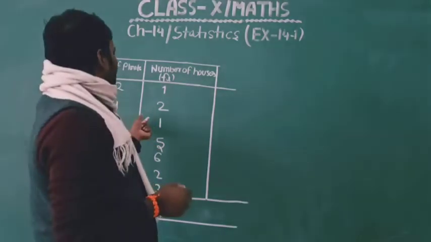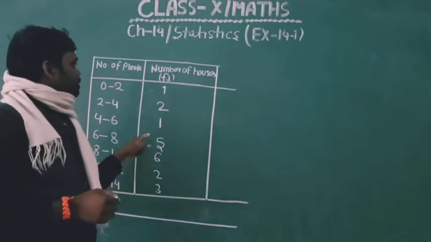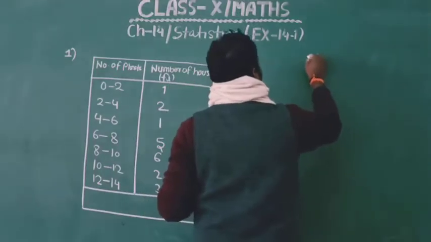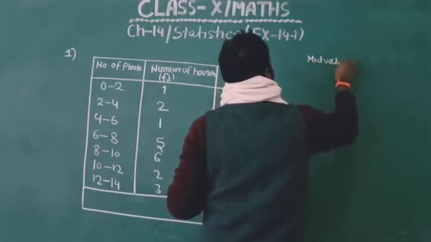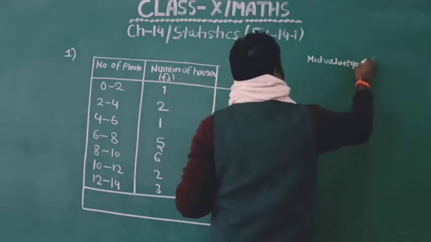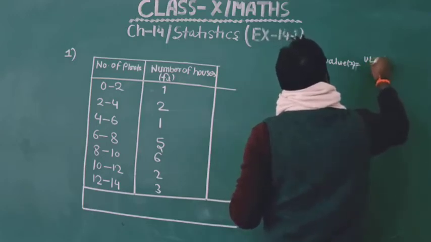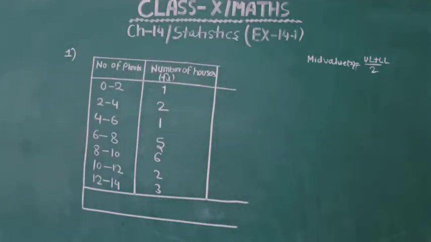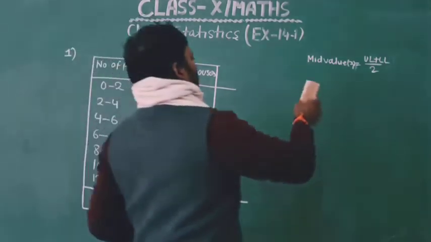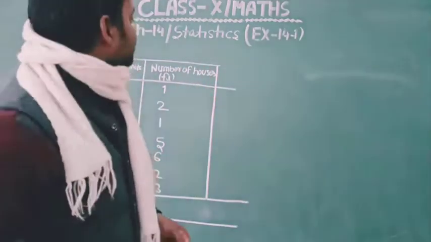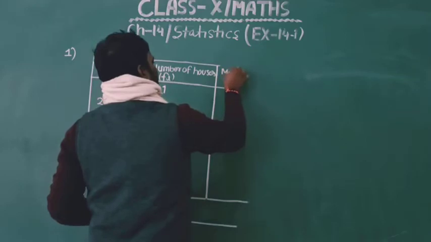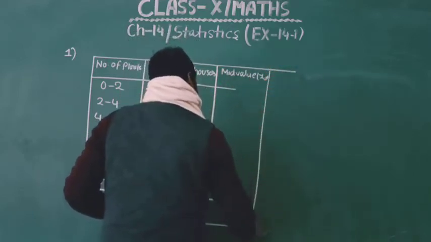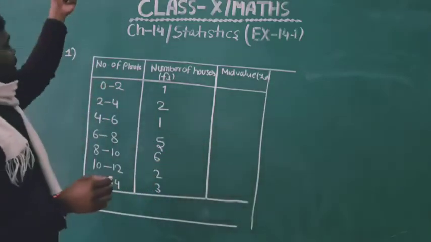Now, to find the mid value, we use the formula xi equals upper limit plus lower limit divided by 2.